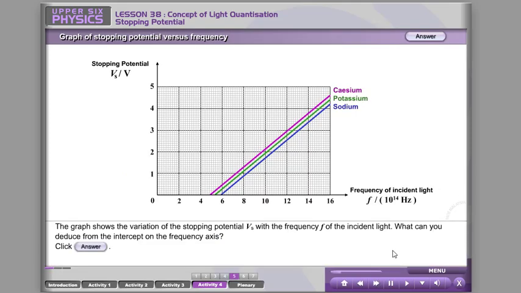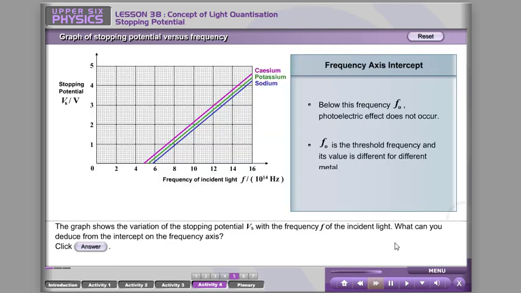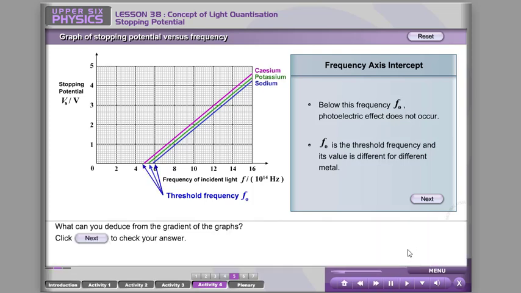The graph shows the variation of the stopping potential Vs with the frequency f of the incident light. What can you deduce from the intercept on the frequency axis? Click the answer button. What can you deduce from the gradient of the graphs?